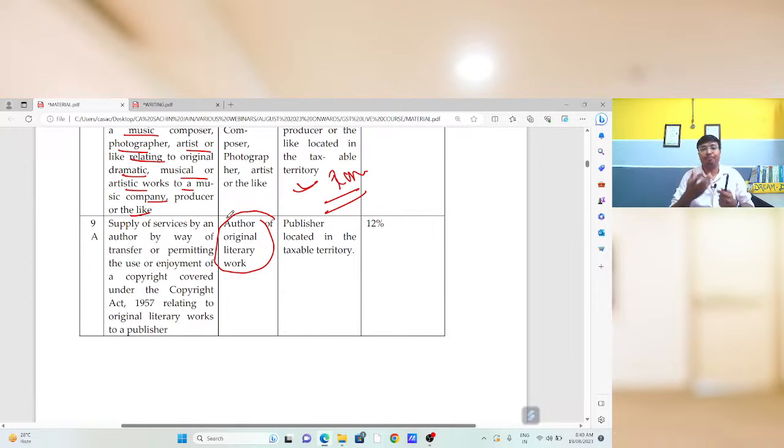Suppose I have already written 4 books, and I give the right to those 4 books to Taxmann or Bharat Publications. I am transferring the right to publish those books to Bharat Publications and Taxmann. In that case I am a supplier of service and Bharat Publications and Taxmann are the recipients of service. That recipient is liable to make the payment of taxes under reverse charge mechanism. I, as the supplier of those services, am not liable to make the payment of taxes.